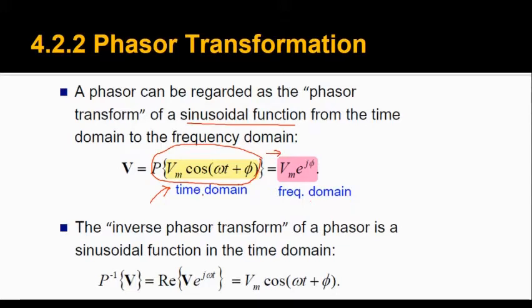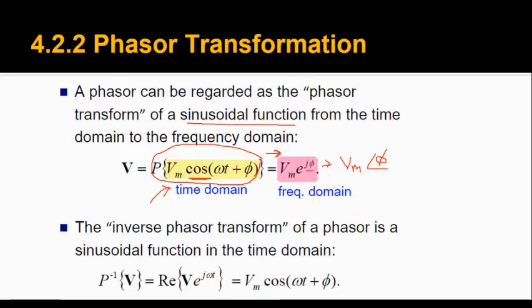Meaning that to get the frequency domain Vm exponent j theta, it must be in terms of cos. Then only you can represent this in the frequency domain, or now you can write this down as Vm with the angle, like that.